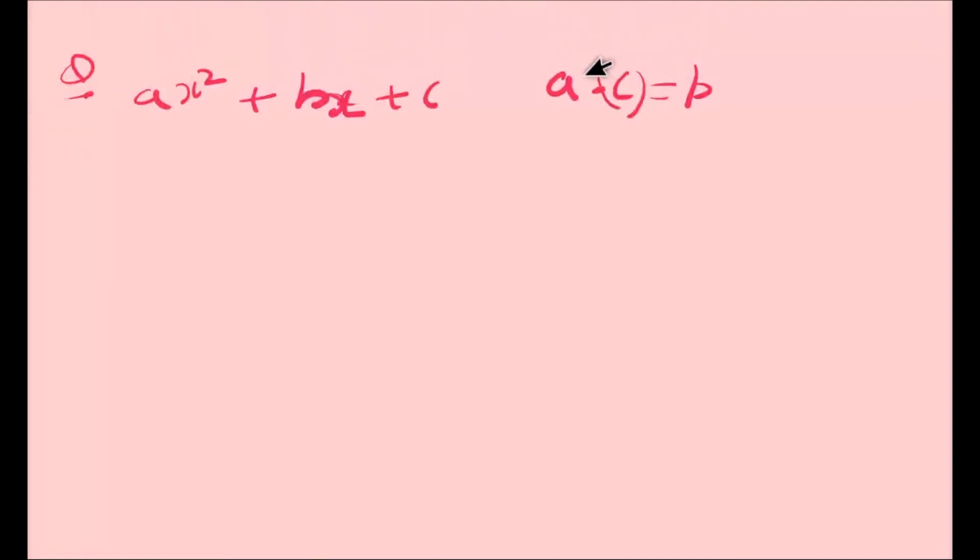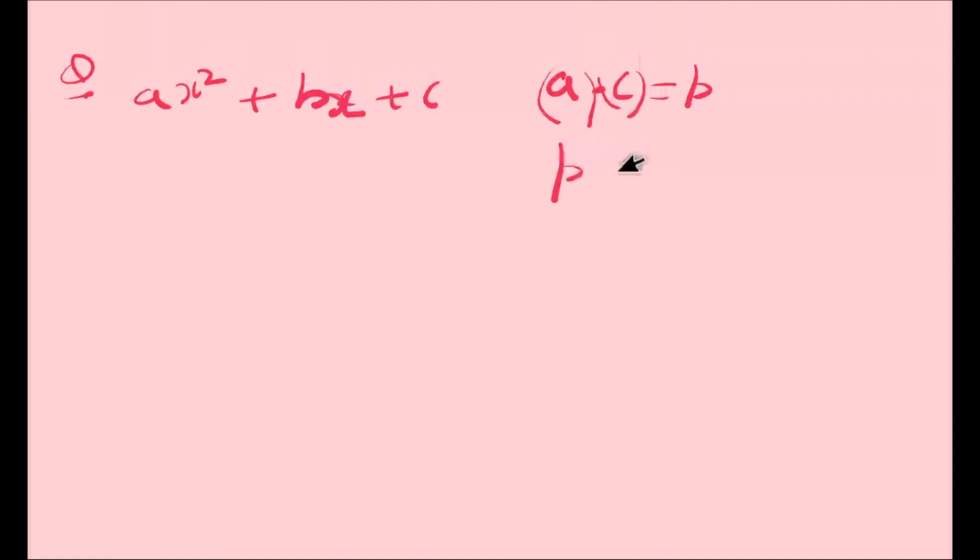Now factorize ax square plus bx plus c. So first we do the product of a into c, we get p. Okay, product of this a into c, we get p.